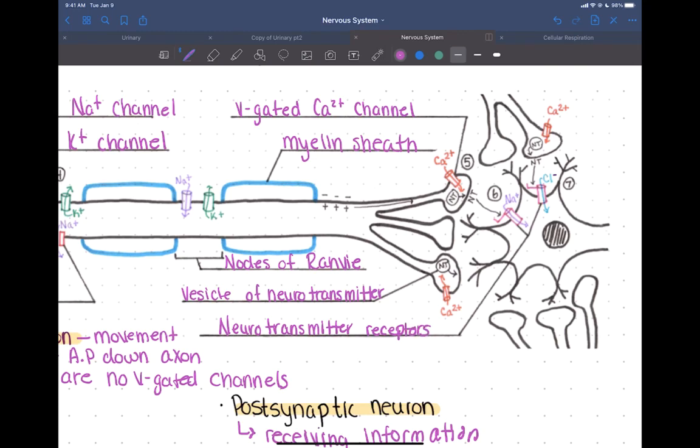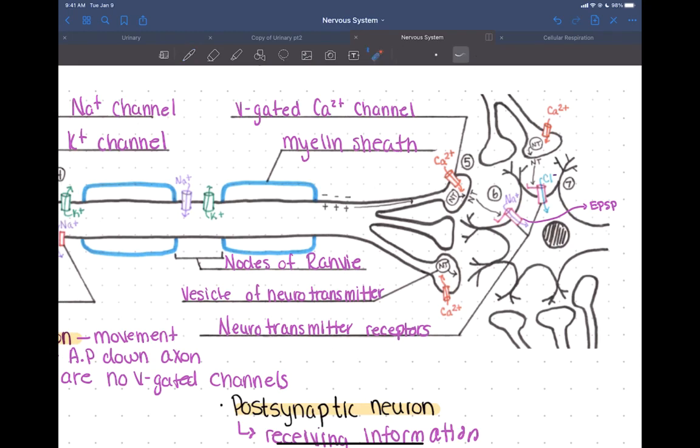So you bind your neurotransmitter to one receptor here. This one causes a sodium channel to open. So this one would depolarize the cell. This would cause an EPSP, because you're letting sodium into the soma of that neuron. That's going to make it a little more positive.